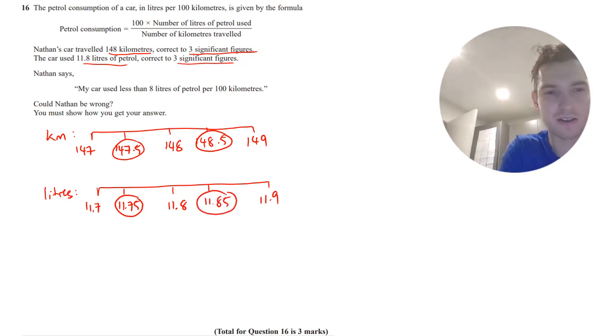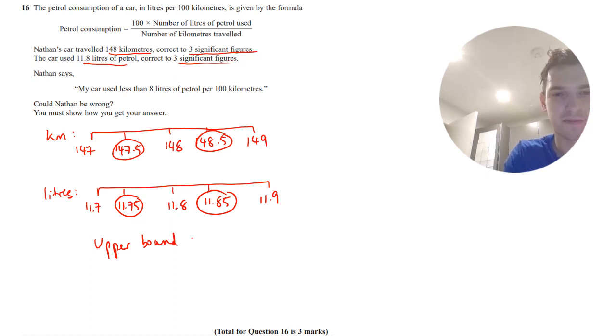So let's go back to the question. My car used less than 8 litres of petrol per 100 kilometers. So in order for us to show that he might be wrong, we need to see, could it have been more than 8 litres? So I think that we need to find the upper bound for petrol consumption.